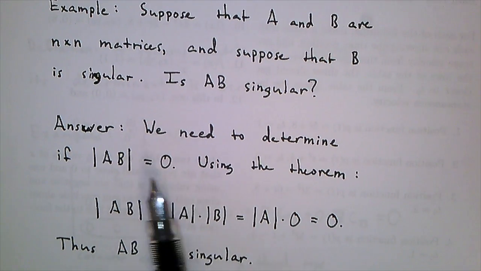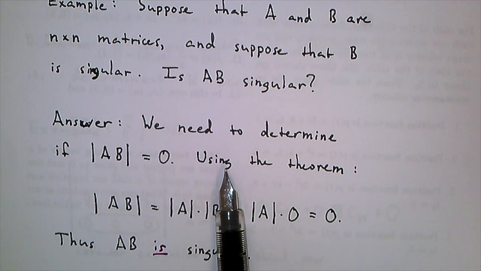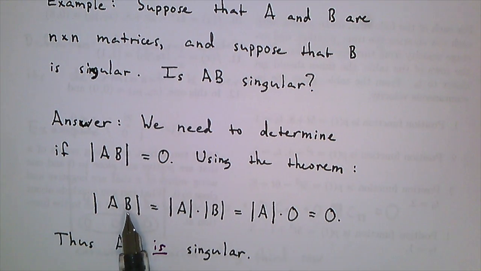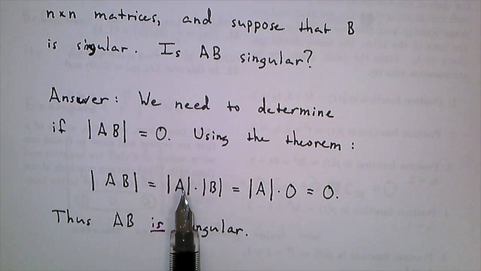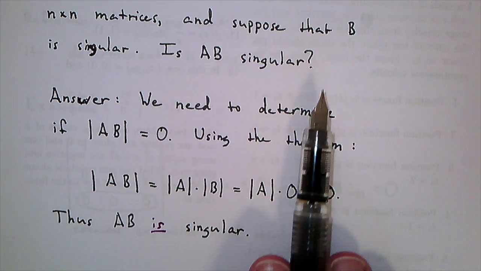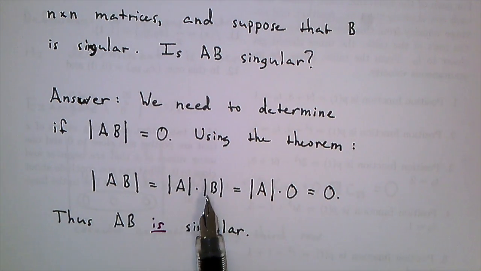In order to answer this, we use the theorem, and we're actually going to use property 2, which tells us that to take the determinant of the product of two matrices, we just multiply the two determinants. And we already know the determinant of B, since B is singular. We know that it's going to be 0.